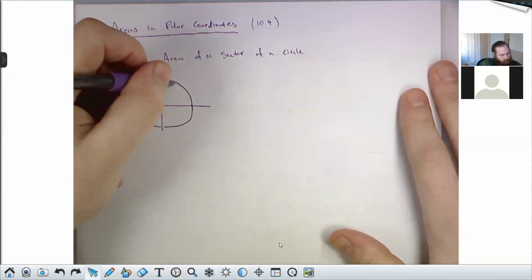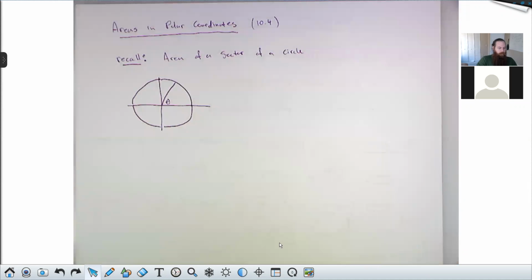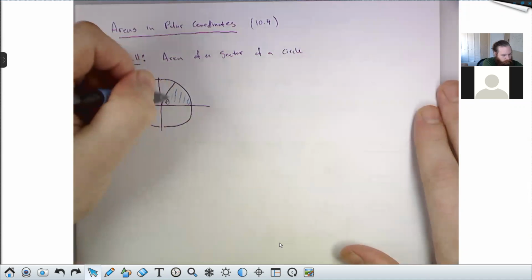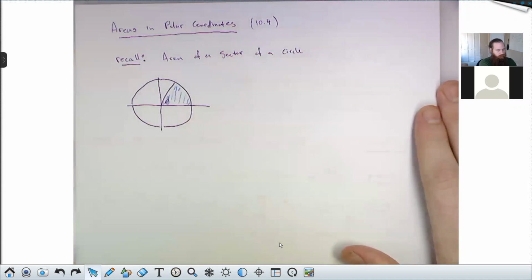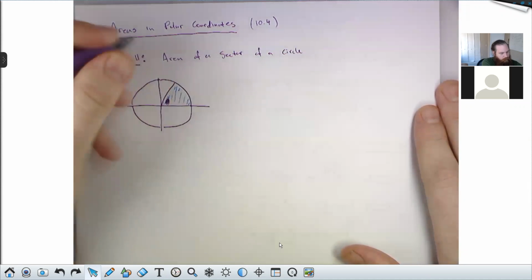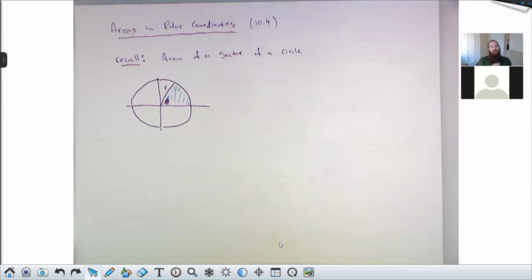Okay, so if I have a sector in here where the angle is theta, what is this area? So the radius of my circle is r, and this angle in there is theta.